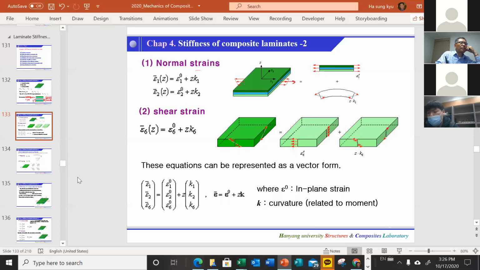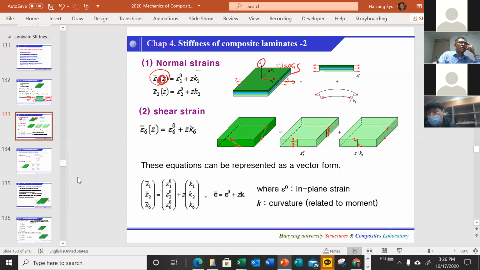See, through the thickness, this is the z-axis, this is x1 and x2, this is the off-axis. Now for any load, we don't know what kind of load we apply, but the strain distribution is always in terms of z.